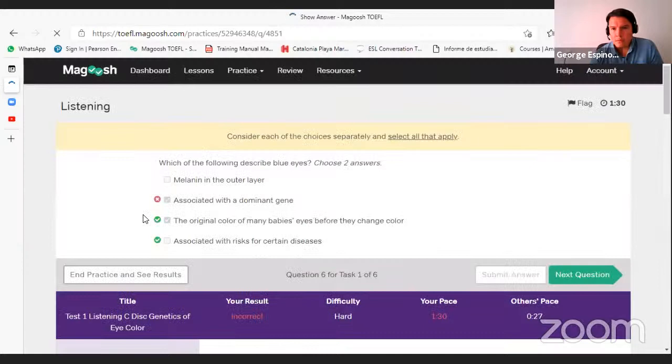Okay. All right. So it was actually this one, associated with the risk of certain diseases. Interesting.